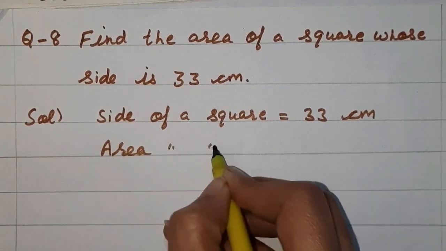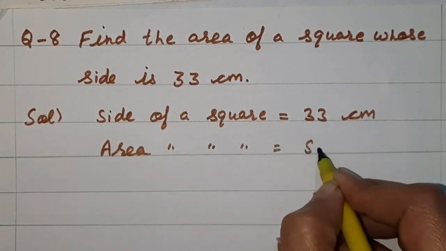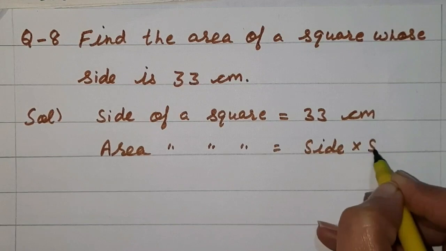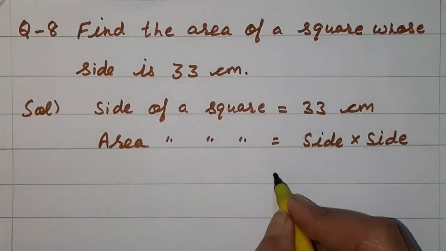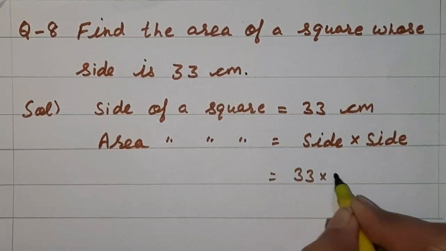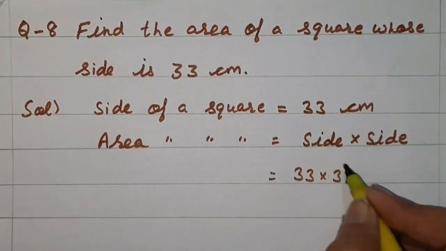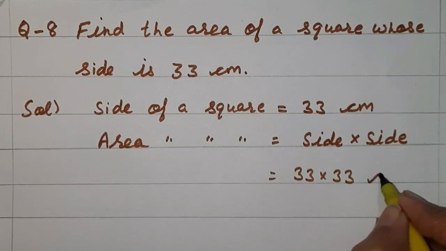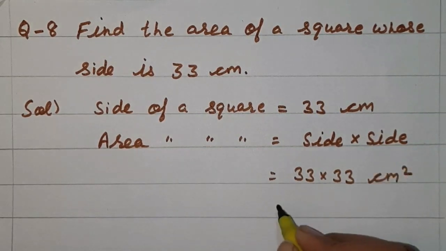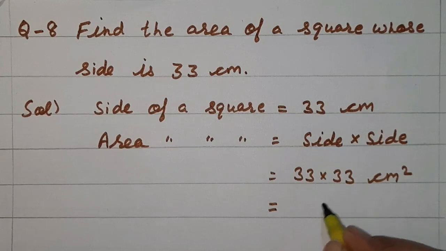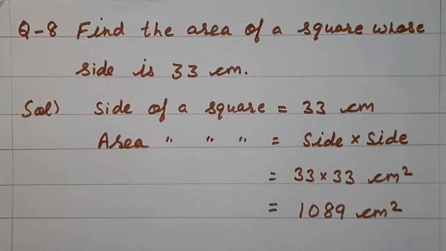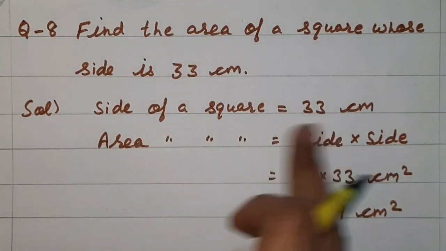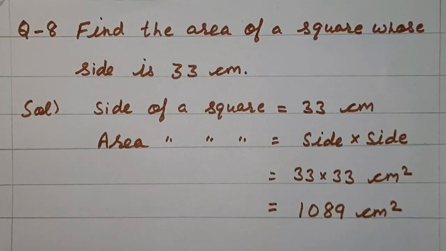Area of a square, side multiply side, is equal to 33 multiply 33. Side is 33, so you will multiply 33 with 33. Unit will be centimeter square, and you can multiply in rough column, and after multiplication you will get 1089 centimeter square. So write down the given term, formula, and then solve it.